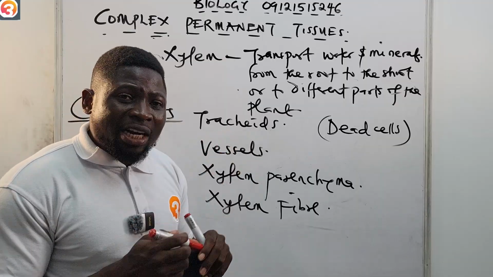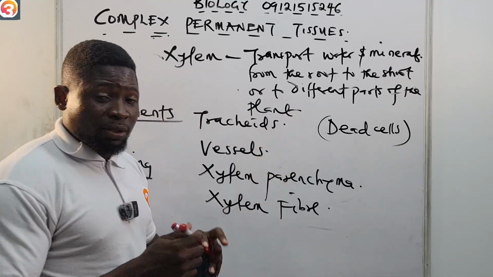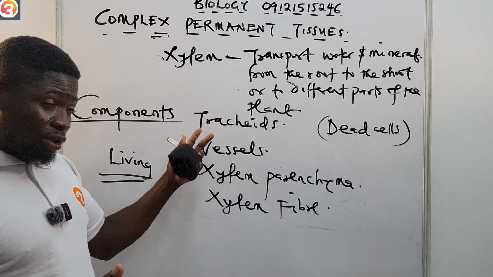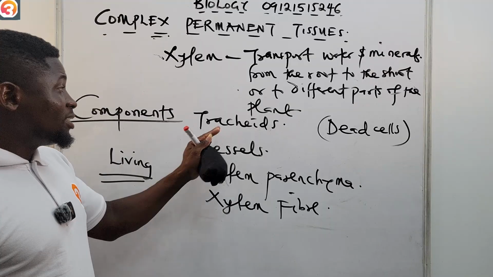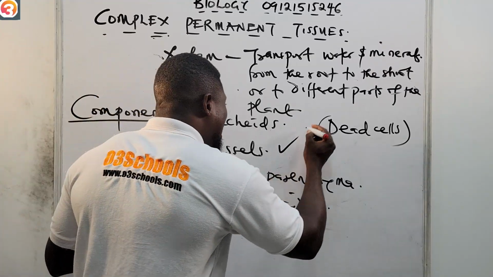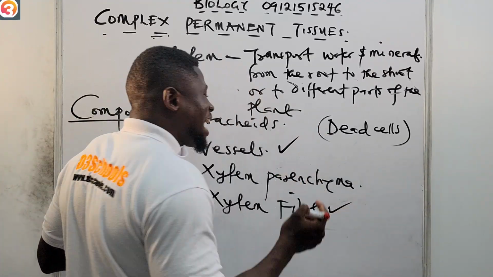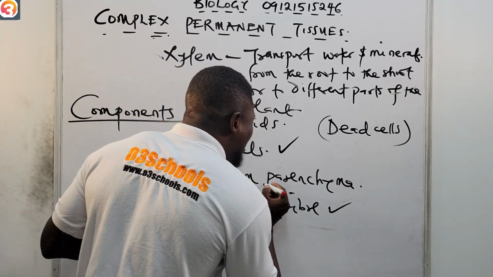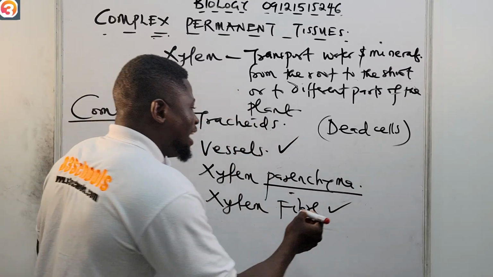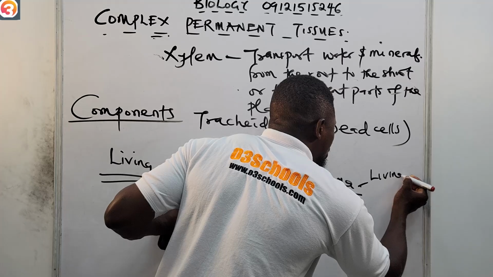So the tracheids have dead cells. We'll see the characteristics of all of them right now so that we understand better. The tracheids have dead cells. The vessels have dead cells. The xylem fibers have dead cells. Only the xylem parenchyma is living at maturity.